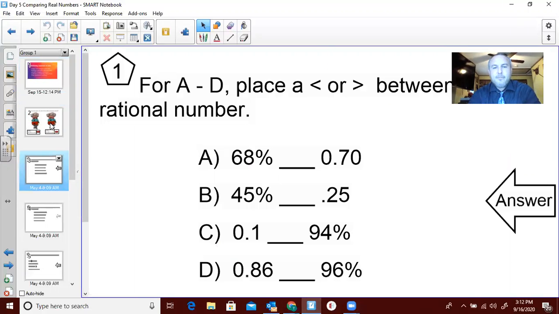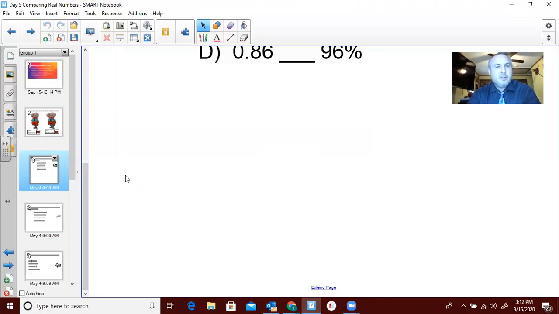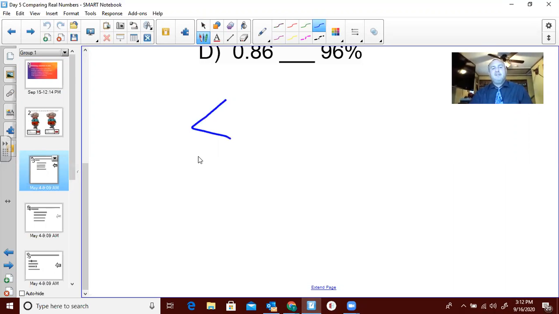All right, so before we even start, let's just review a couple of symbols, terms, all that good stuff. Pen going. Maybe the pen will be good to me today. All right, so we have this symbol, we have this symbol, and we have this symbol.